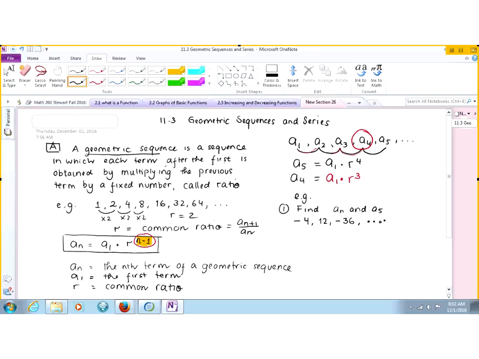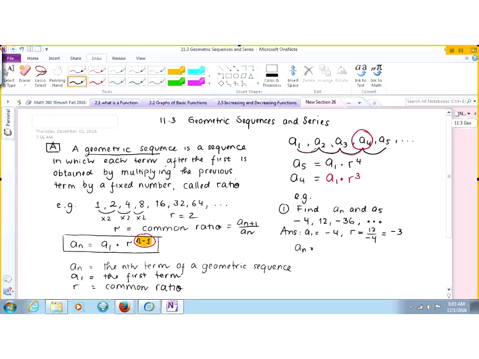So what would you do here? Yes. So a1 is equal to -4. And what is the ratio? 12 divided by -4, which is -3.